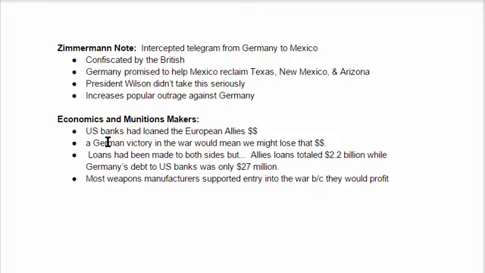The other thing was that the weapons manufacturers and anybody that would supply war materials supported entry in the war because they would profit. They would make a lot of money if we entered the war. So you combine economic interests with popular outrage from the Lusitania and the Zimmerman Note, and you get to a situation where President Wilson is forced to backtrack and enter the war.